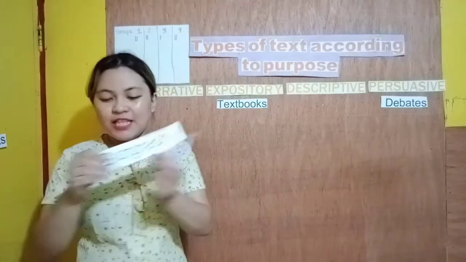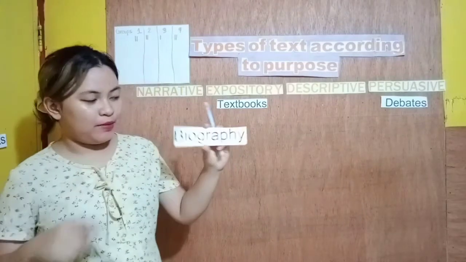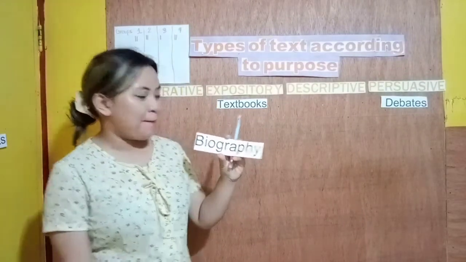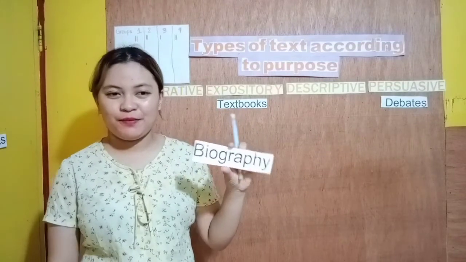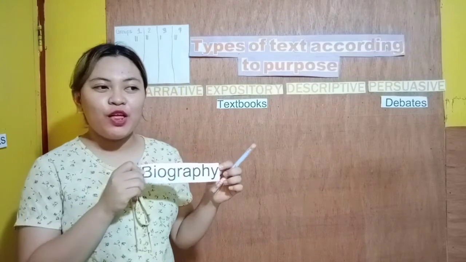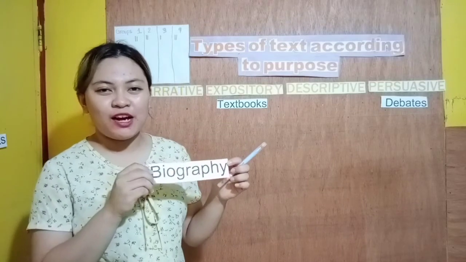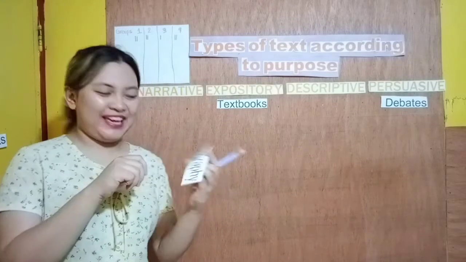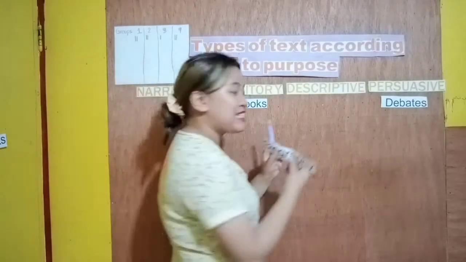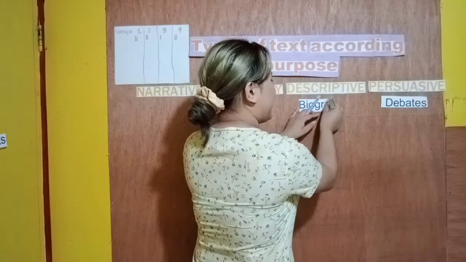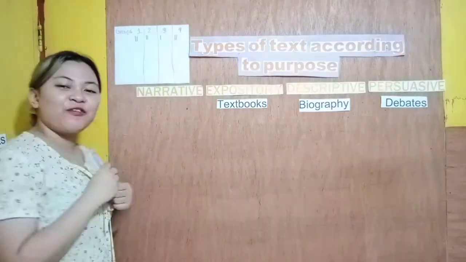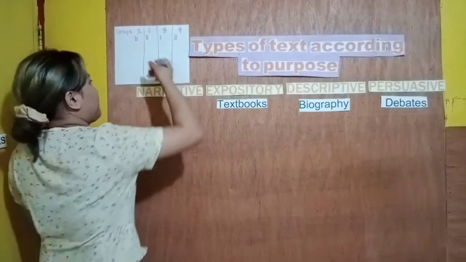This one, where does this belong? This is an example of what text type? Biography. 3, 2, 1. This is an example of descriptive. Very good. Everyone got the correct answer.